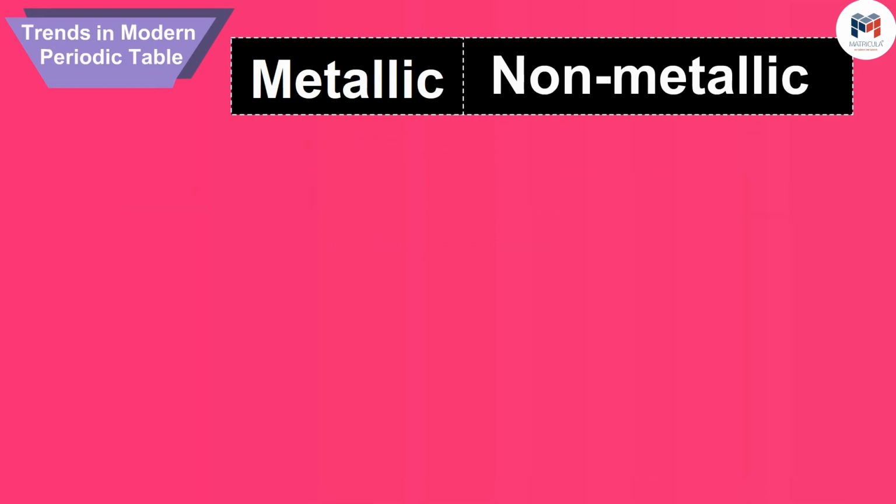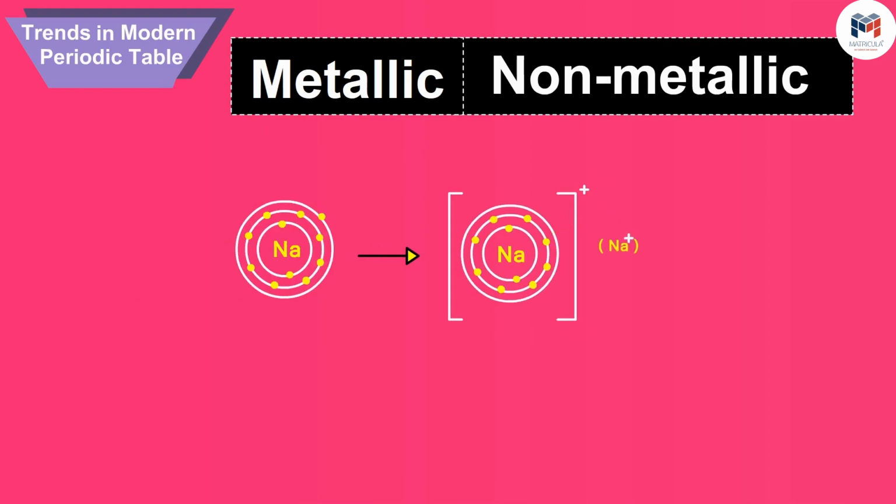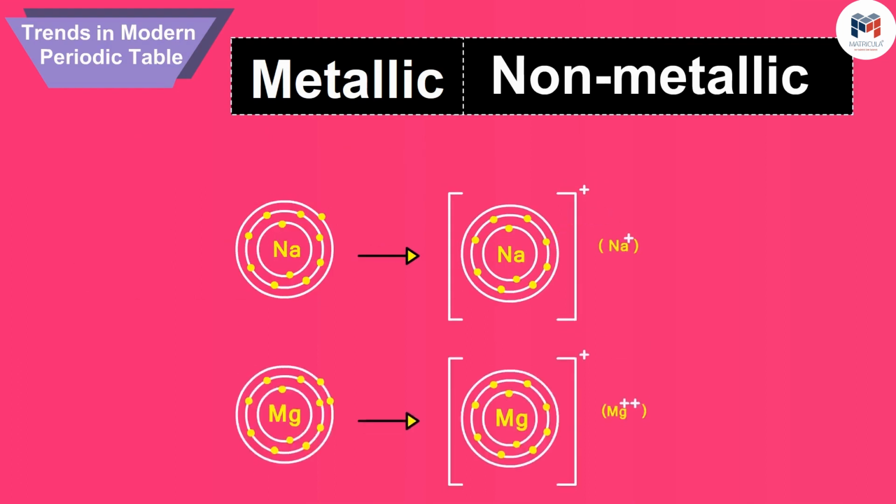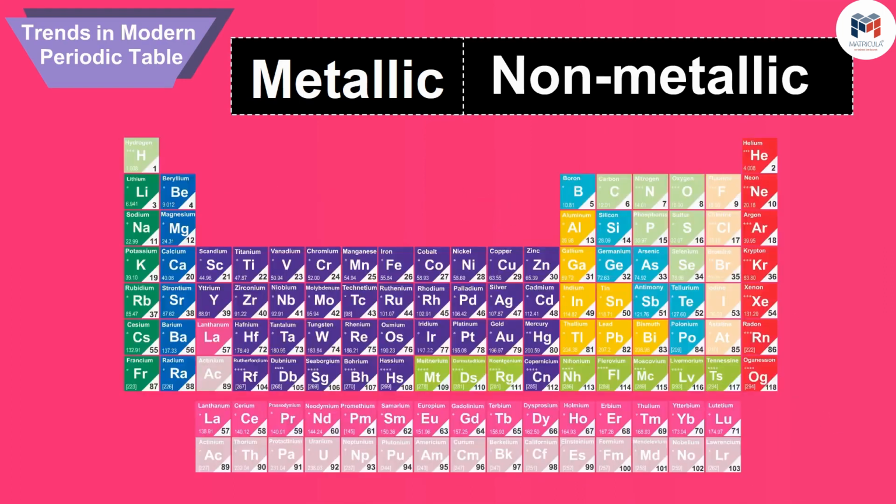Metals tend to lose electrons while forming bonds. That is, they are electropositive in nature. Now, let's discuss the trend of metallic and non-metallic character in the groups.